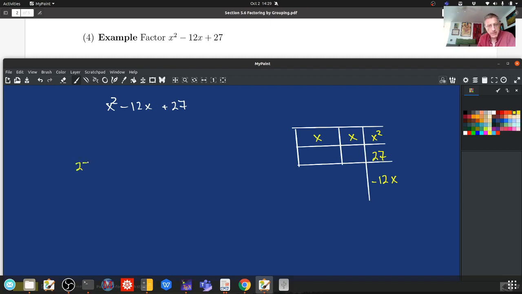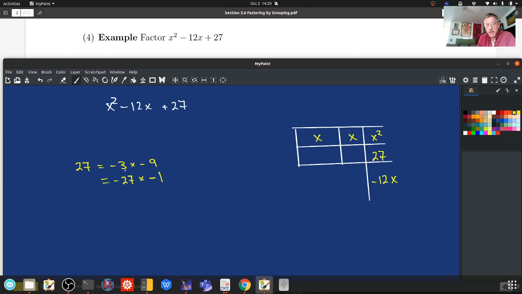So 27 is equal to minus 3 times minus 9, and that's it as far as non-trivial factors go, besides 27 times 1.